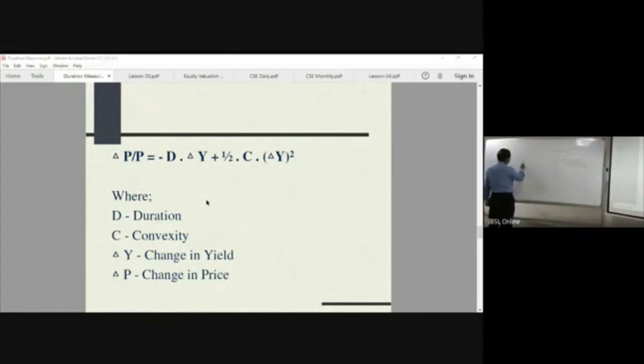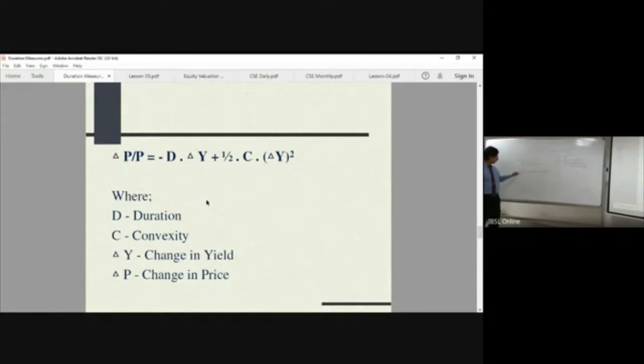Delta P over P is equal to minus D into delta Y. This was the equation we discussed earlier. Now with the new addition, delta P over P is equal to minus D into delta Y plus half into C into delta Y squared. Here C is the convexity, D is the duration.